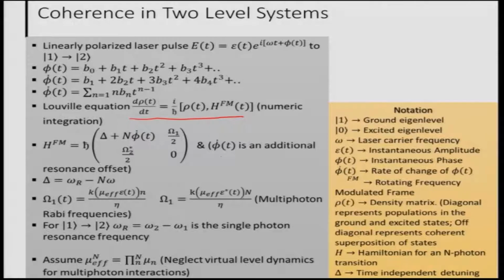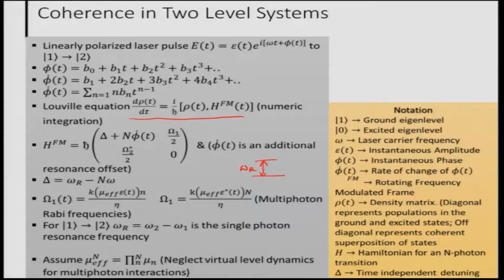The time dependent phase change is the frequency change which occurs within the pulse, and this appears as an additional resonance offset for the frequency modulated Hamiltonian, which is what is being used when these are being continuously interacting. So, these are the different parameters which are used, and the Rabi frequency is at the exact resonance energy gap.